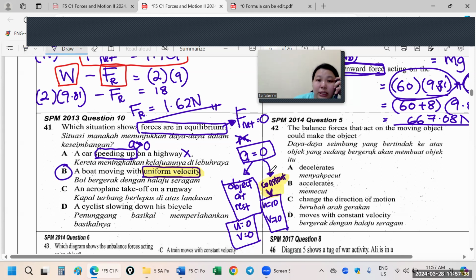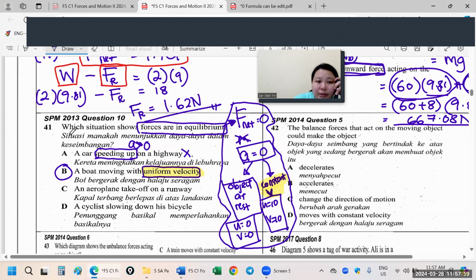Okay, so I hope if you still feel blur, every time when you see the words, translate yourself and write down everything like this. After some time, your brain will autopilot.